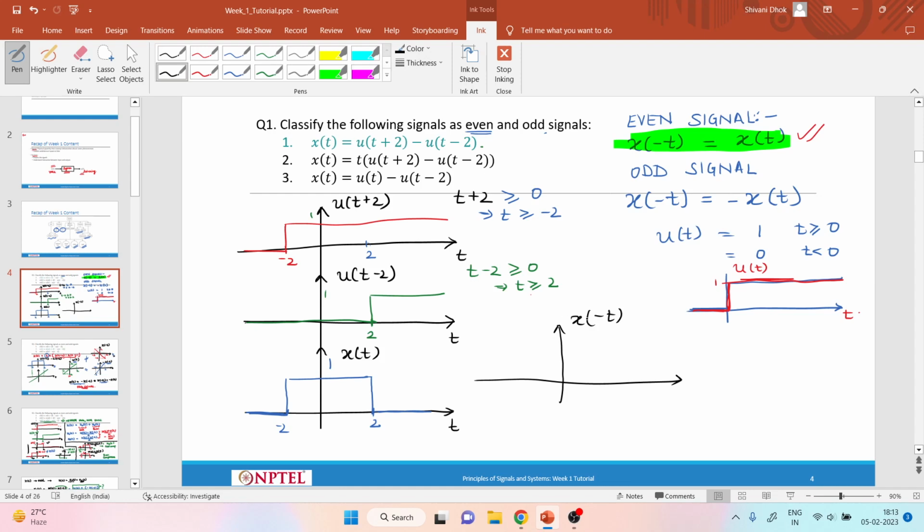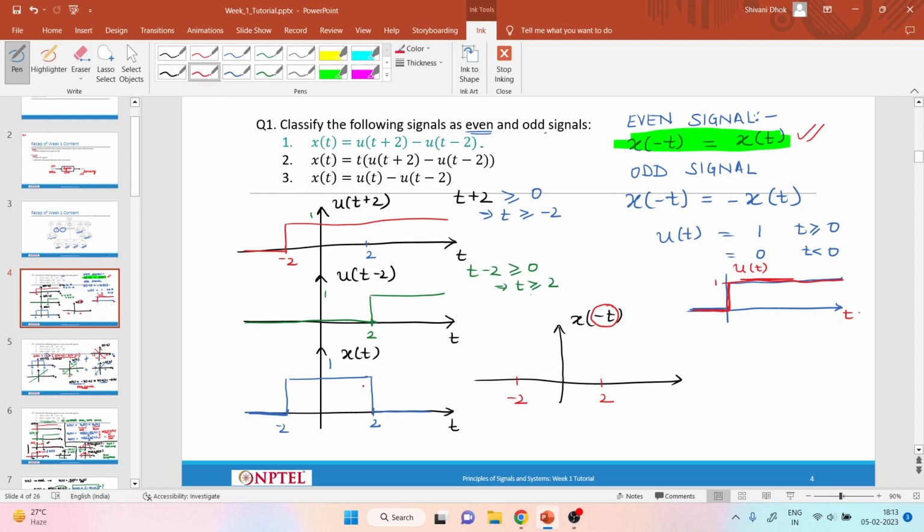When you need to find x of minus t, you just need to flip it about this vertical axis. Like you need to find a mirror image with respect to this axis, and that's why whatever was present at 2 will now be available at minus 2. If you look here, your x of t is defined like this. Whatever was present at t equal to 2 will now be present at t equal to minus 2, and accordingly we can draw this signal as this.